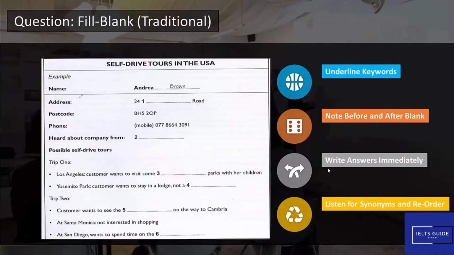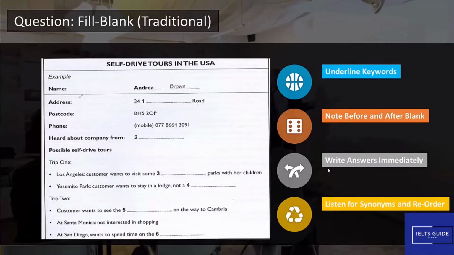You have to underline the keywords that are before or after the blank line. That's very important, because those keywords are going to point you to the answer choice.